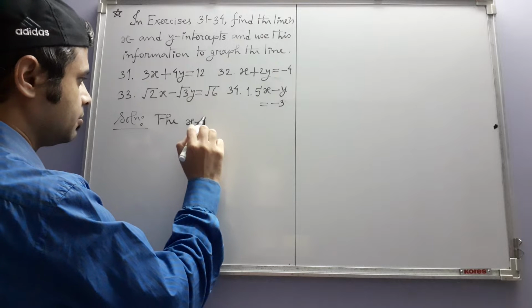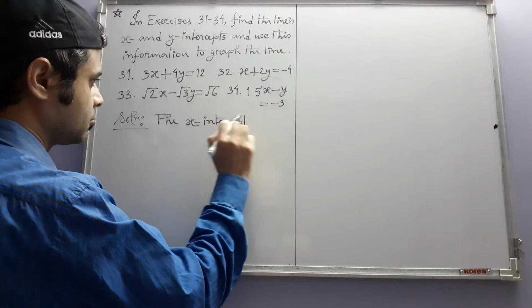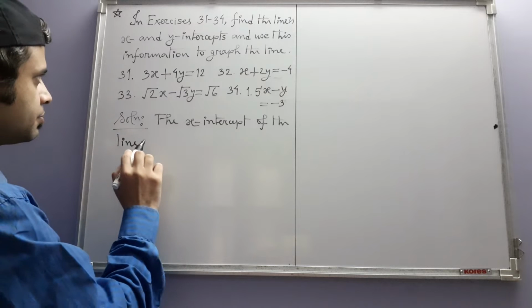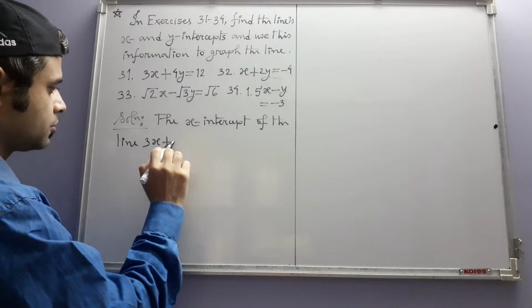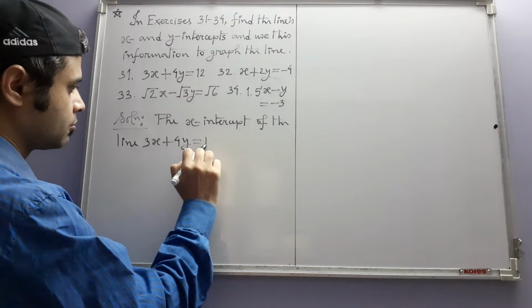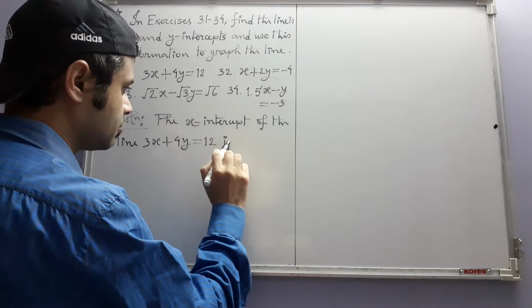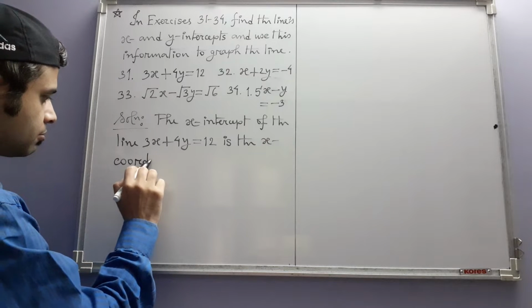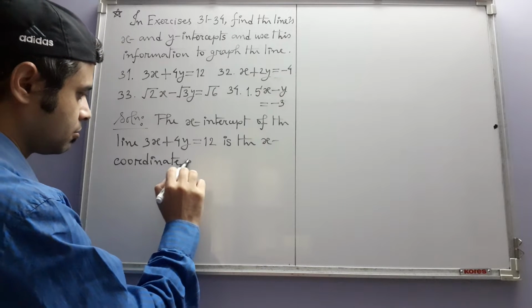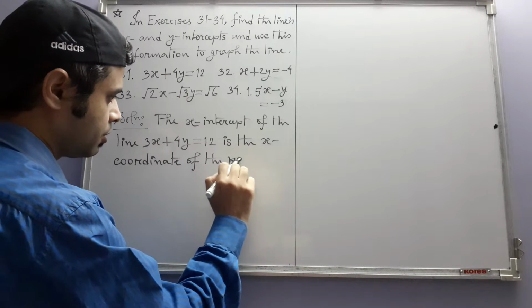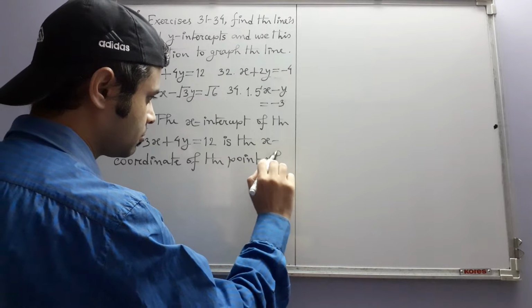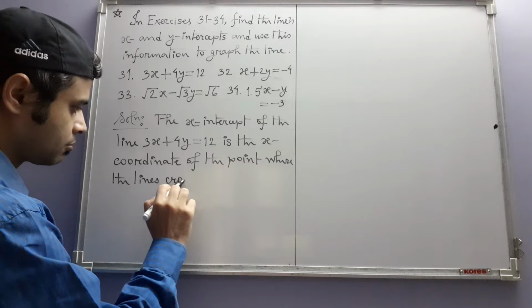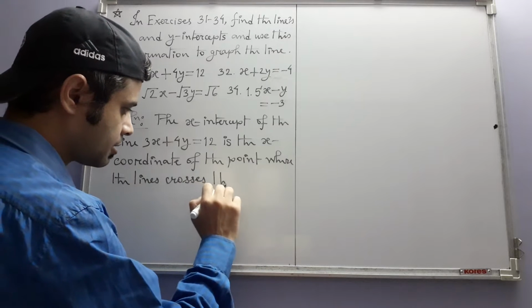The x-intercept of the line 3x + 4y = 12 is the x coordinate of the point where the line crosses the x-axis.